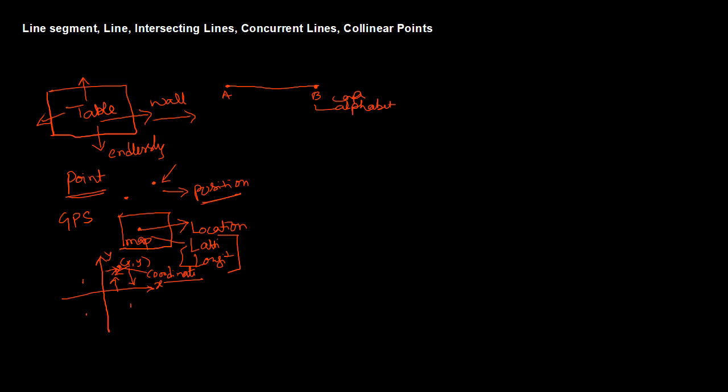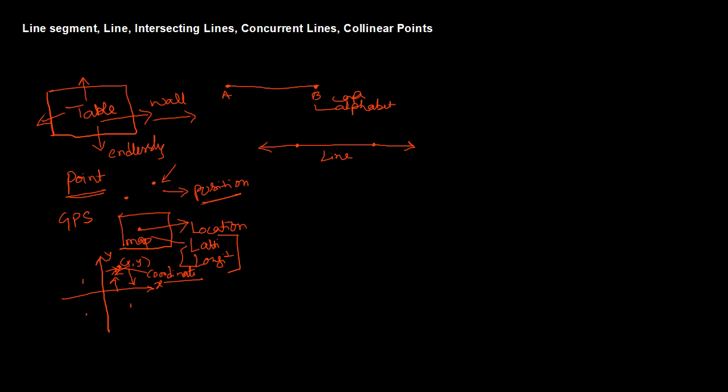A line segment is 2 points joined. So what is a line? If I extend the same line segment endlessly on both sides, that's called a line.